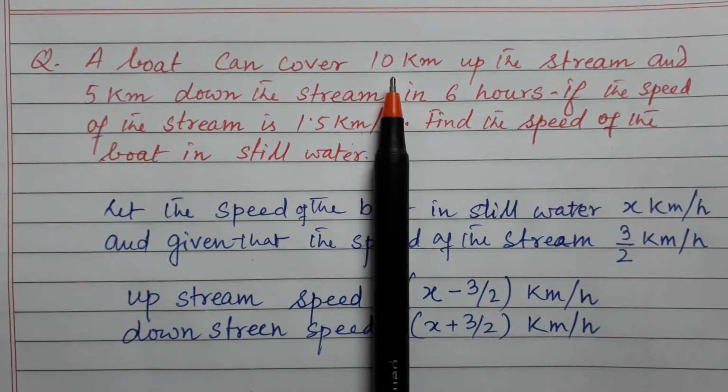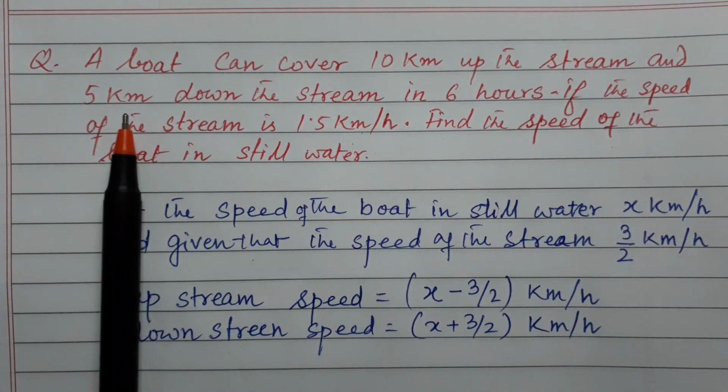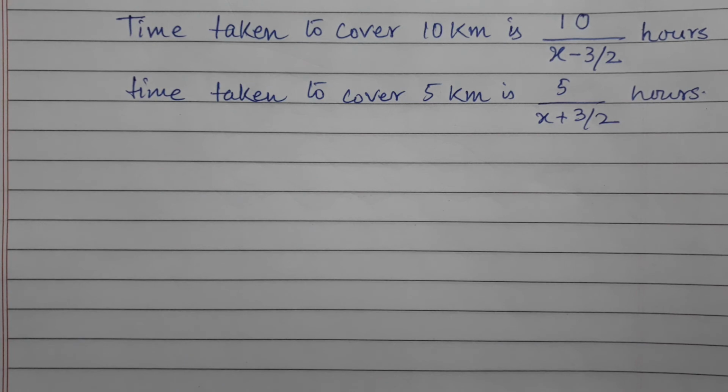Now it is given that the boat covered 10 km up the stream and 5 km down the stream. Therefore, the time taken to cover 10 km is 10 by x minus 3 by 2 hours, and the time taken to cover 5 km is 5 by x plus 3 by 2 hours.